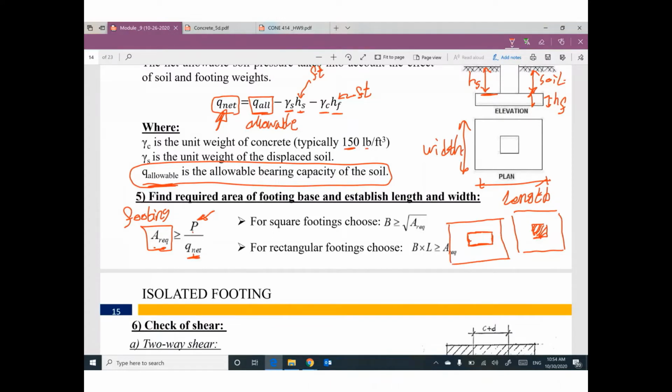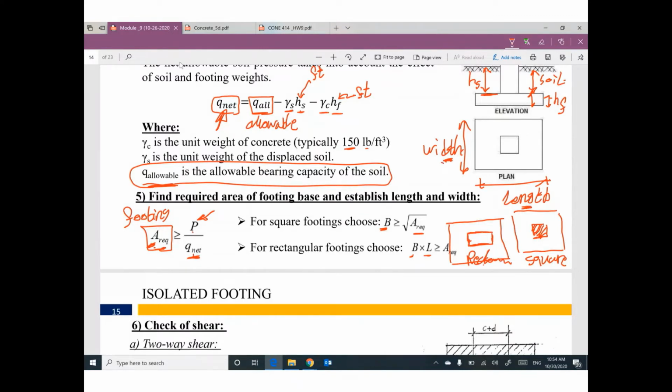So if your footing is a square, this area under square root, I can figure out the side length of this footing. If this footing is a rectangular footing, I'm going to assume 1 dimension to figure out the second dimension. So I will assume, for example, the width to figure out the length, or I can assume the length to figure out the width.